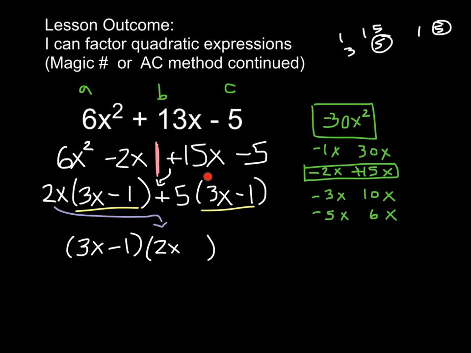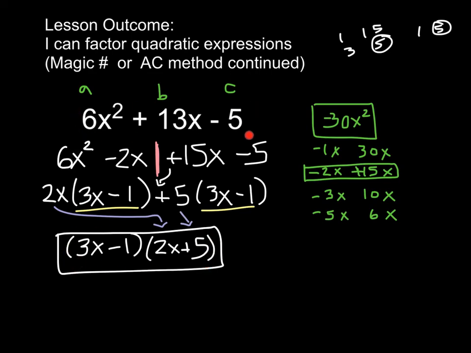And then in our other term right here, if I factor out this 3x minus 1, I'm left with plus 5. So I'm going to write that right there. And we have now factored that quadratic expression. If we were to use FOIL or the array method and multiply these two binomials together, we will end up with this expression.